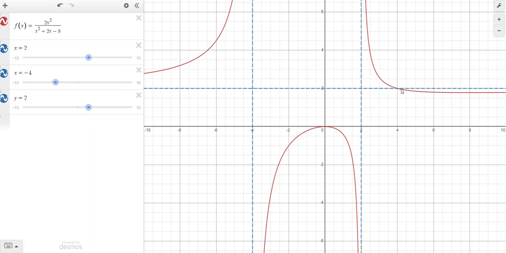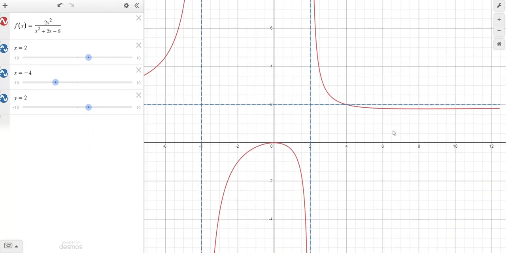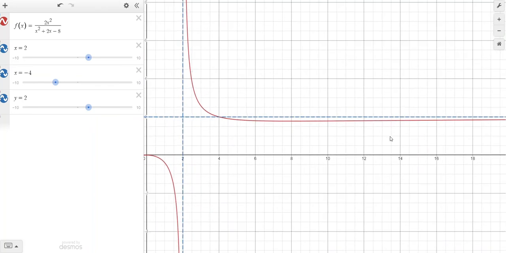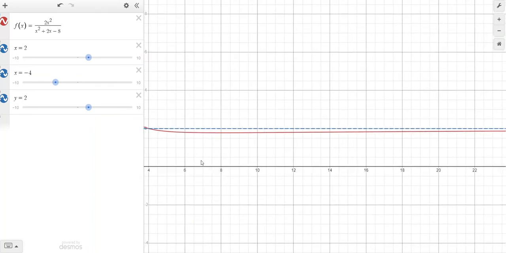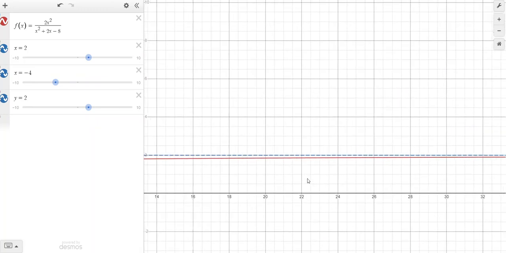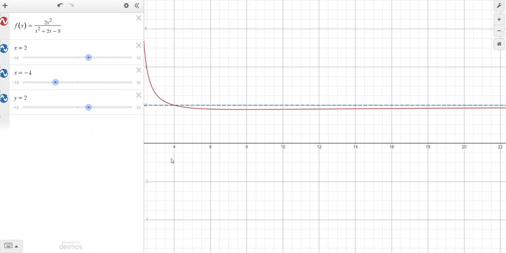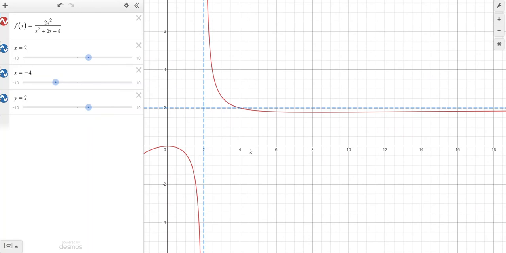Horizontal asymptotes are all about end behavior. So notice here the graph has crossed the horizontal asymptote, but if I come out here, you can just start to sort of see that it comes down for just a little while and then it starts to slowly go back up again and approach the horizontal asymptote as we go out further.